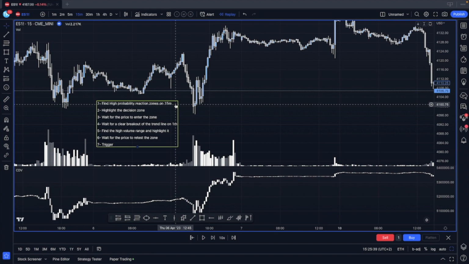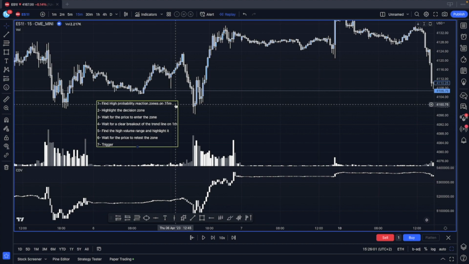One important thing: with this intraday strategy, the trigger will be on the 1-minute time frame. You cannot look for a potential reaction zone in the same time frame.